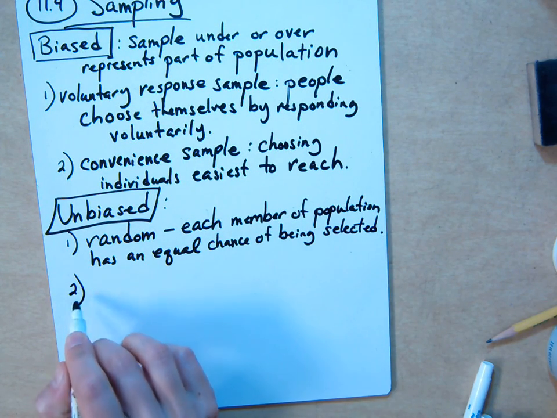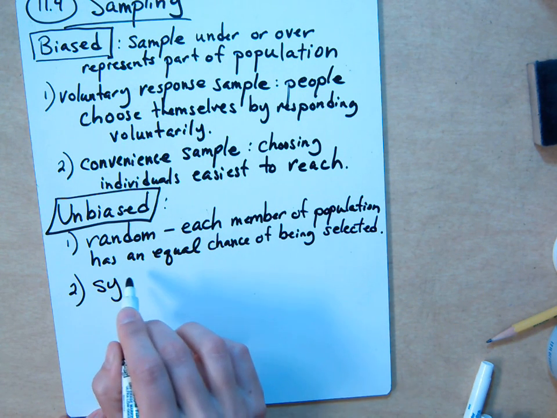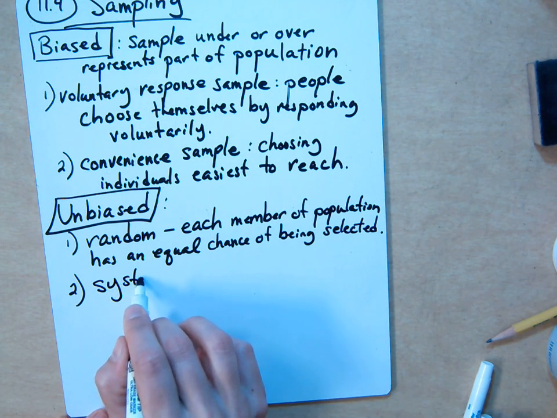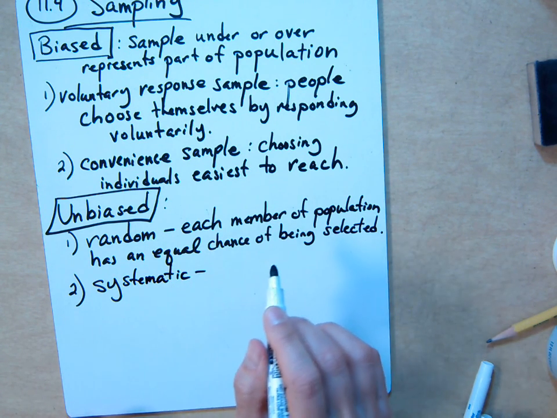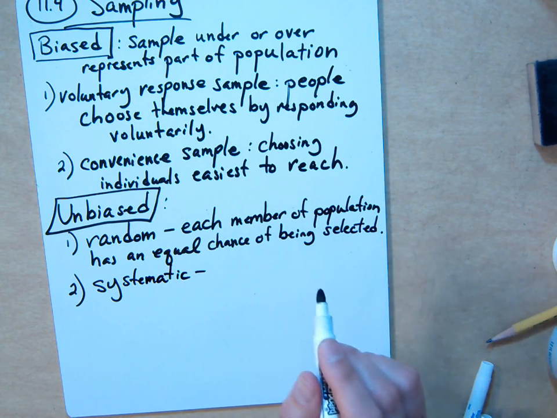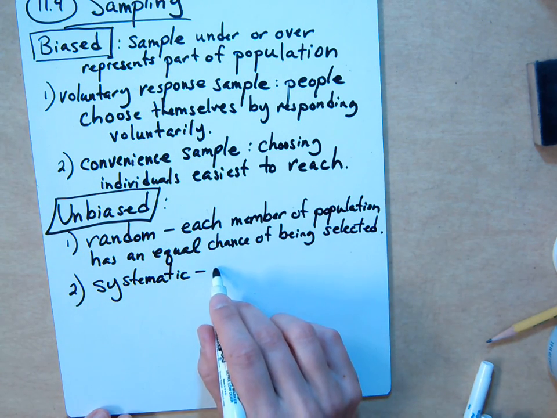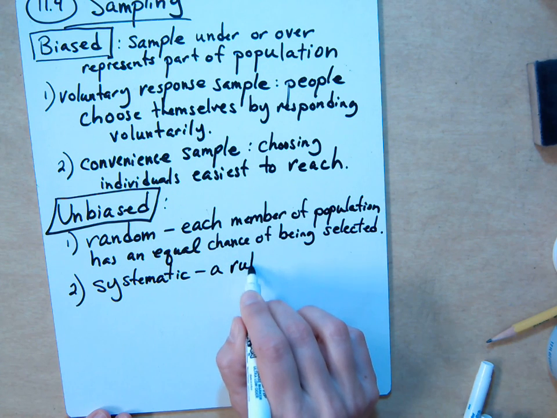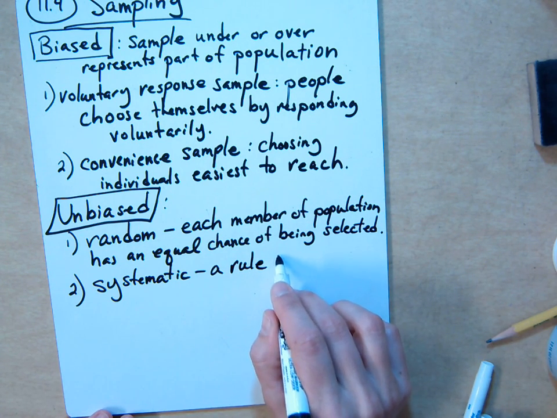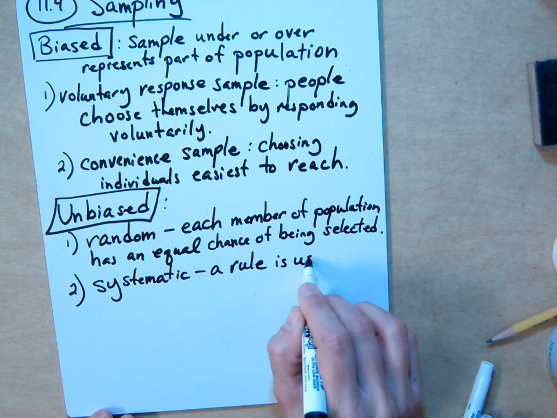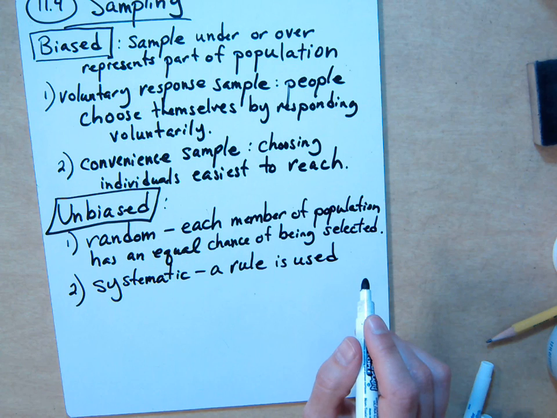Another way of doing a sample so that it's unbiased is systematic. So you use some kind of rule to select, for example, every other student, or some kind of rule. Like, let's say at the airport, when you do the security check, on individuals, you have to stand aside and do the extra search.